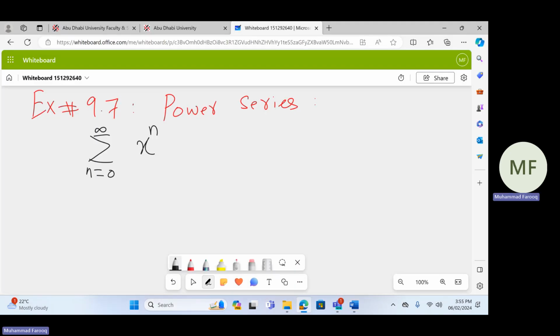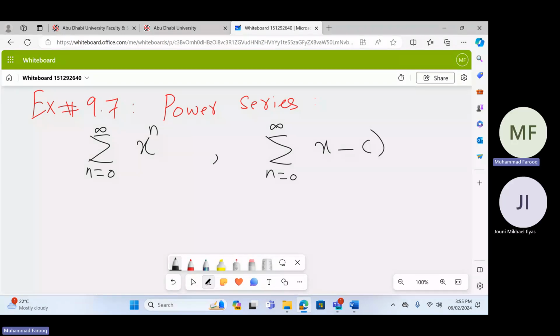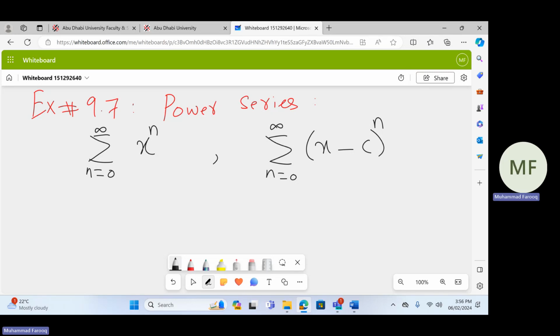So the power series looks like that, or it can look like this, with x minus c. These both of the series are basically called power series.